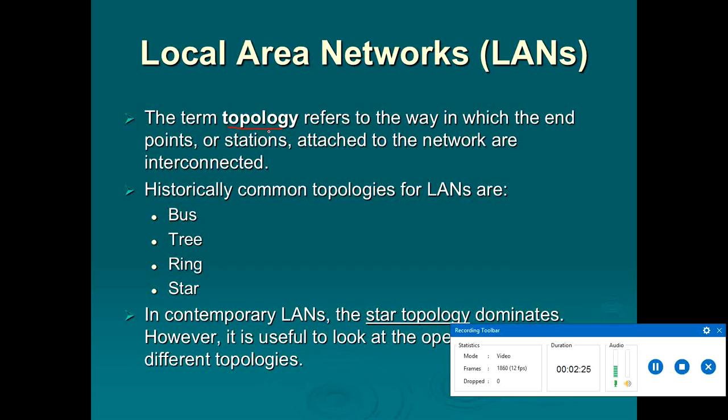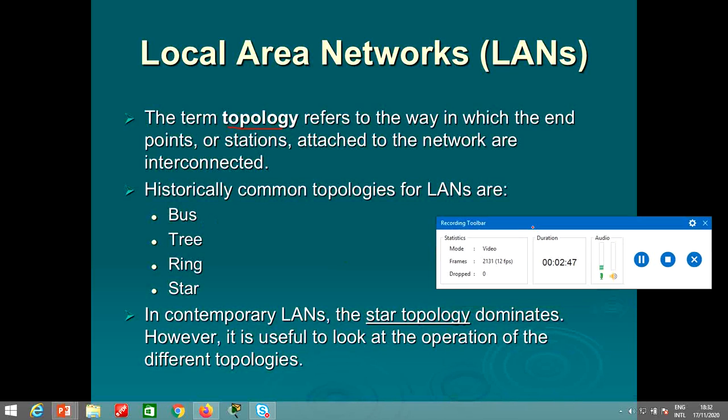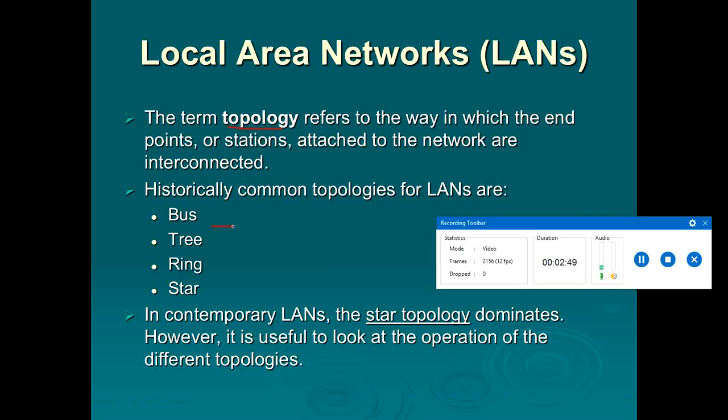It refers to the way in which the endpoints, stations, or user systems are attached to the network or interconnected. There are four common topologies for the LAN: bus, tree, ring, and star.